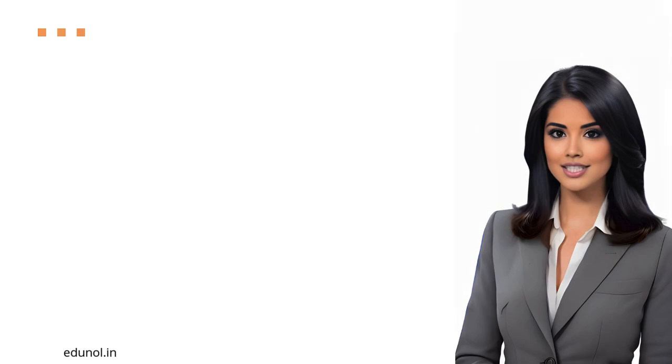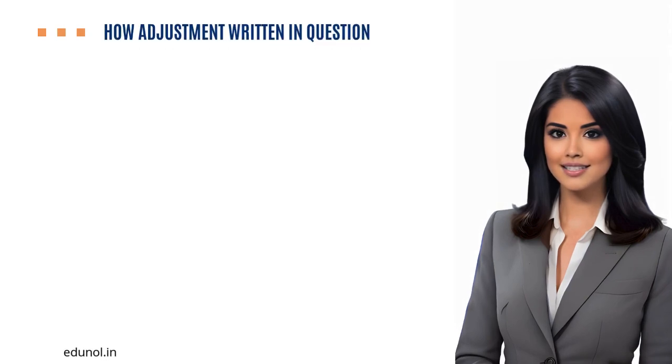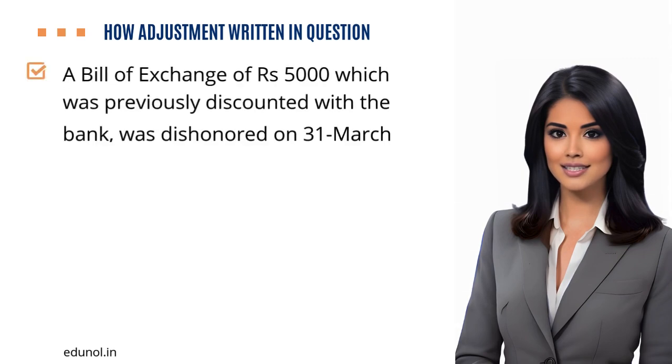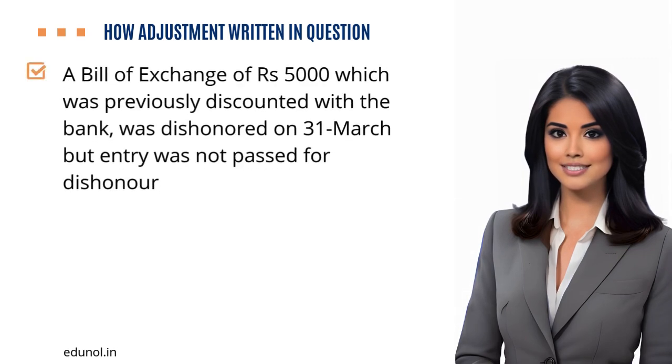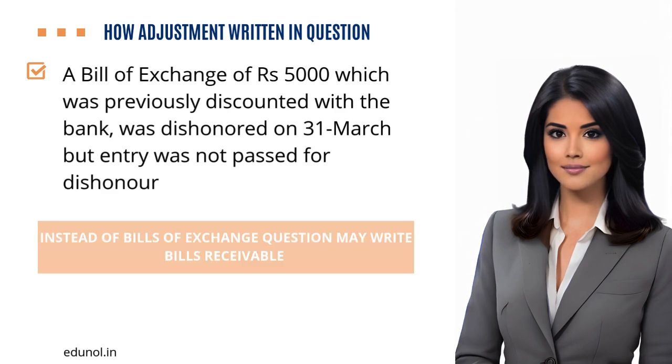Now that we have understood the meaning of bills of exchange discounted but dishonored, let's come to how such adjustments are written in the question. A bills of exchange of 5,000 rupees, which was previously discounted with the bank, was dishonored on March 31st, but entry was not passed for dishonor. Instead of bills of exchange, the question may write bills receivable.